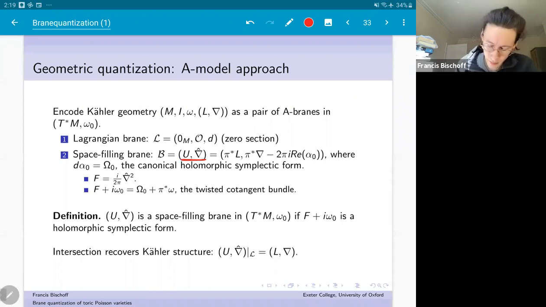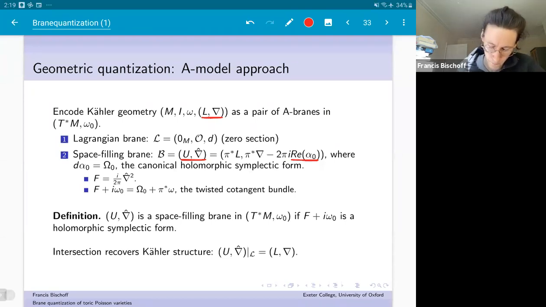And this is obtained essentially by pulling back this prequantum line bundle from the base to the total space of the cotangent bundle, but then correcting the connection by adding the real part of this one form alpha naught. So alpha naught here is the canonical primitive of the canonical holomorphic symplectic form on the cotangent bundle.